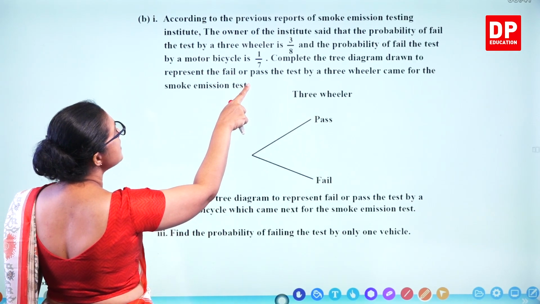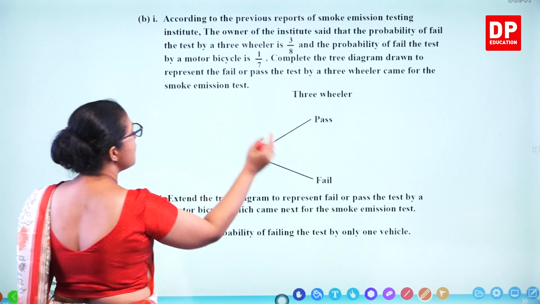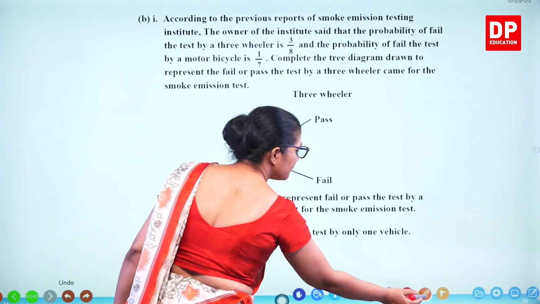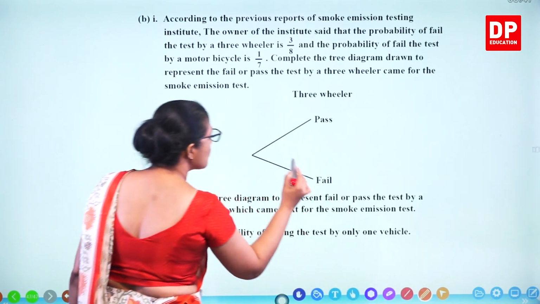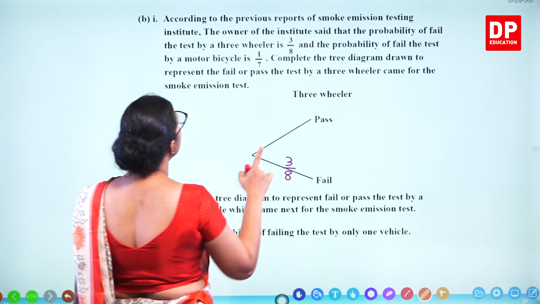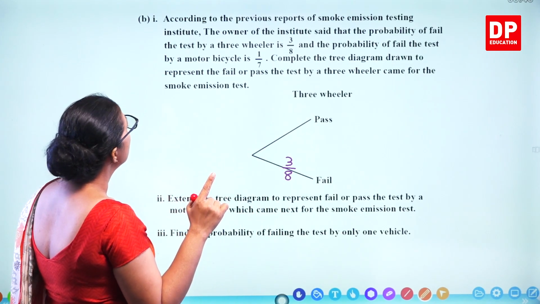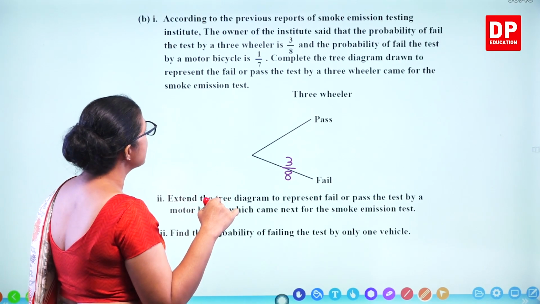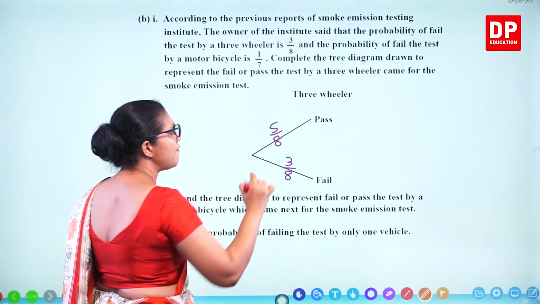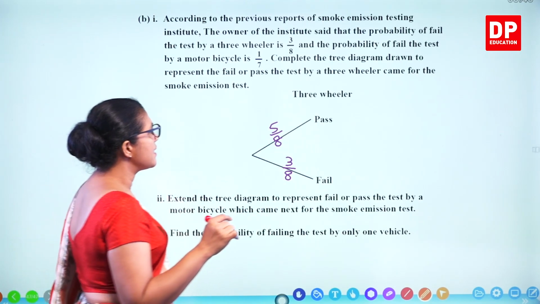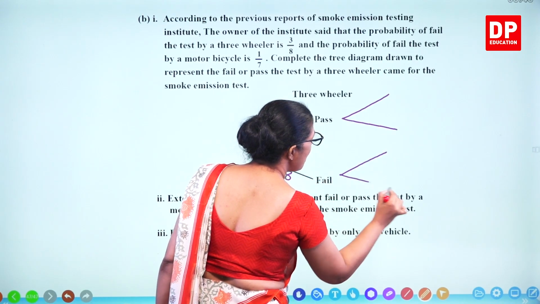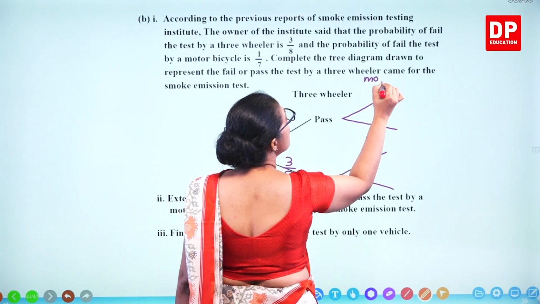What's 3/8? Probability of failing the test by a 3-wheeler. So this is given. So this is 3/8. And the motor bicycle means the next one. So if this is 3/8, this should be 5/8, 1 minus 3/8. Now we'll try to draw the other branch for motorbikes.